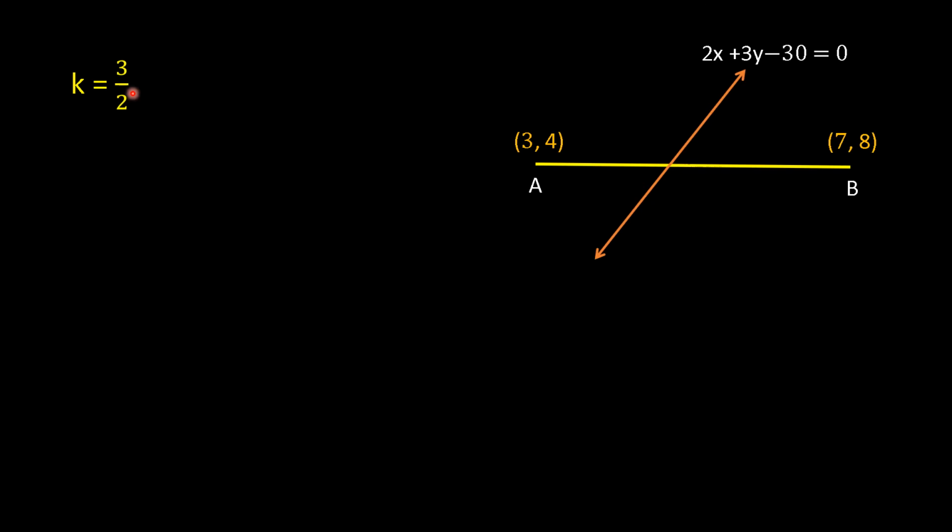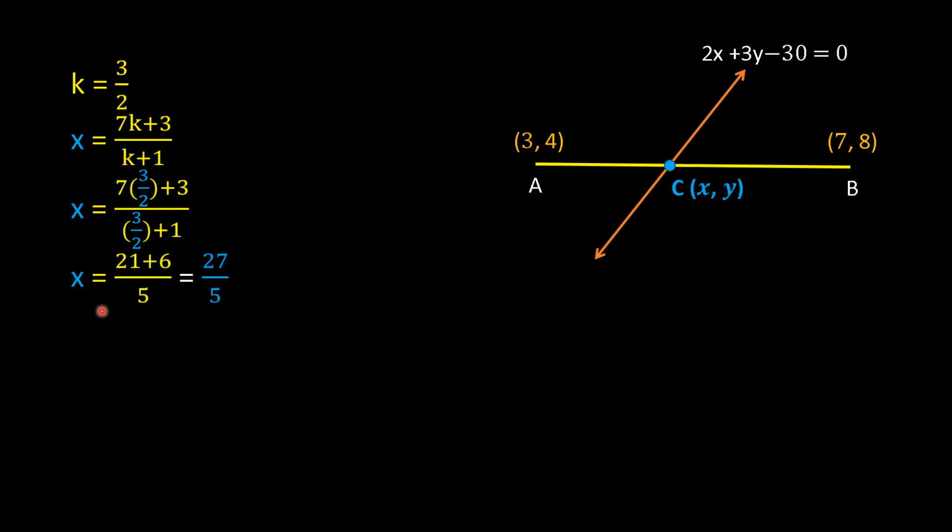We have k equals 3 by 2. So the x coordinate of point C will be x equals (7k plus 3) upon (k plus 1). We will substitute the value of k. It will be 7 3s are 21 and 3 2s are 6, and here it will be 3 plus 2 1s are 2, that is 5. So the x coordinate will be 27 by 5.